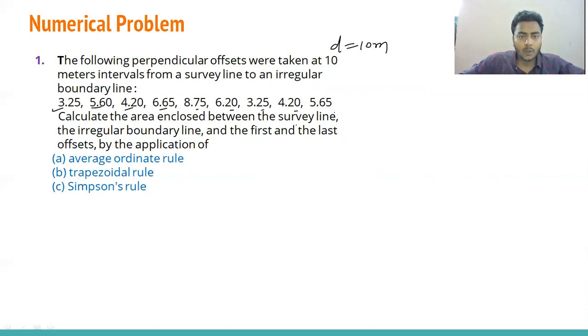Calculate the area enclosed between the survey line, the irregular boundary line, and the first and last offsets, using the average ordinate rule, trapezoidal rule, and Simpson rule. So we first calculate by the average ordinate rule.